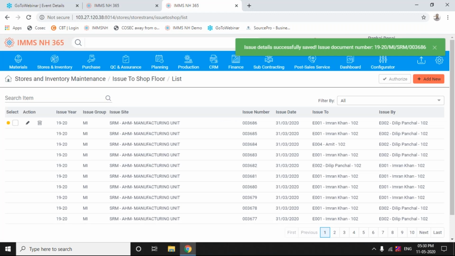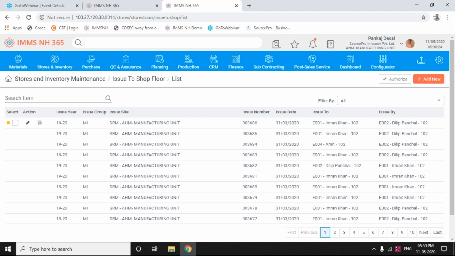As you can see on your screen top, on the green, issue items details saved and issue document number is 3686, right? This issue slip will need authorization.